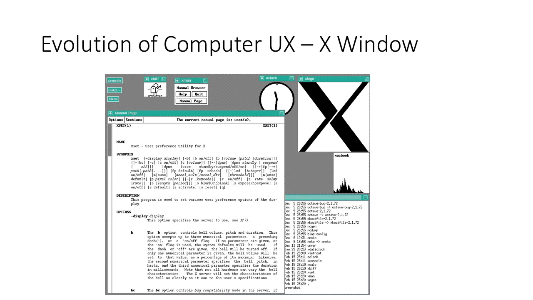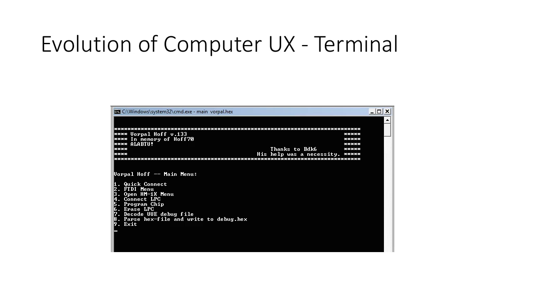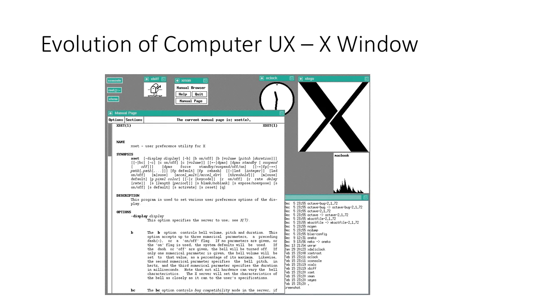Then eventually you had something called X window. How many people know about X window? It's essentially the first windowing system for operating systems that came out, and really all it let you do was run essentially separate instances of this on one screen.